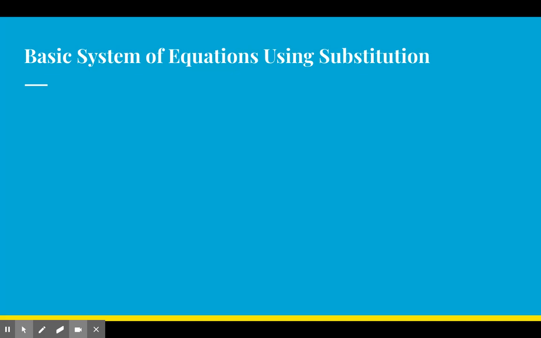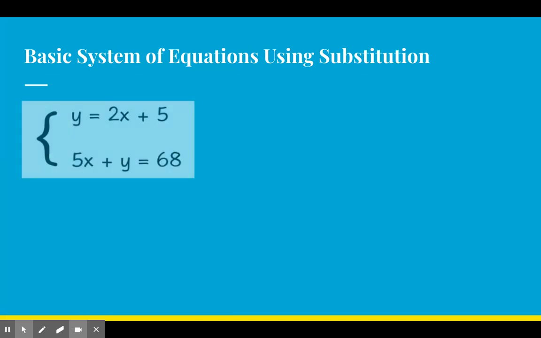So first I'm going to show you guys just a basic system of equations using the substitution method. Our system would be y equals 2x plus 5 and 5x plus y equals 68. I see that the first equation is already y equals. It's solved for y already. So I know that anytime I see a y, I can put 2x plus 5 in place of it because those two things are equal.